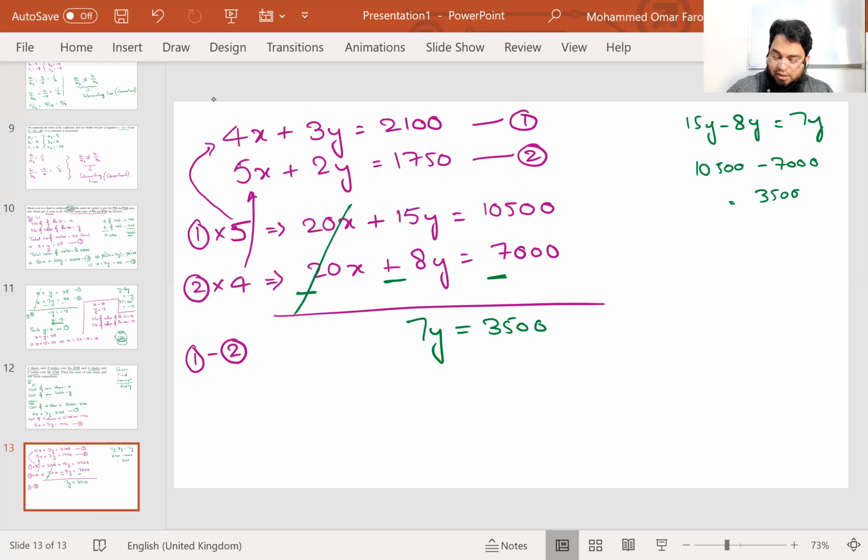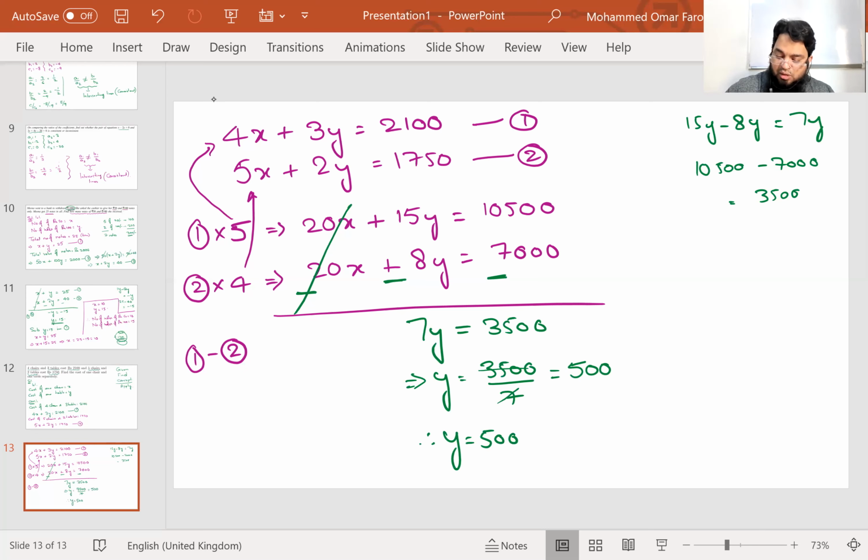That implies y equals 3,500 divided by 7, and we know that 7 fives are 35 and the remaining 2 zeros. So therefore y equals 500.